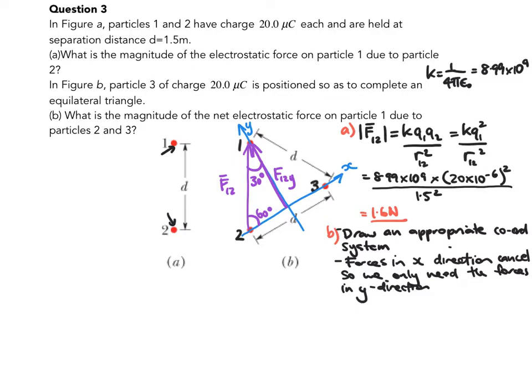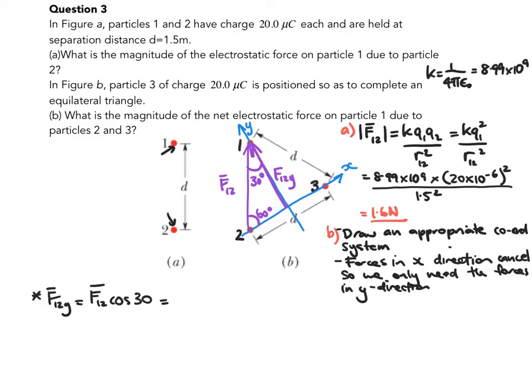So we can then say, right over here, consider that purple triangle. We can say that F12y is equal to F12 cos of 30 degrees. We're just trying to find the length of that guy.